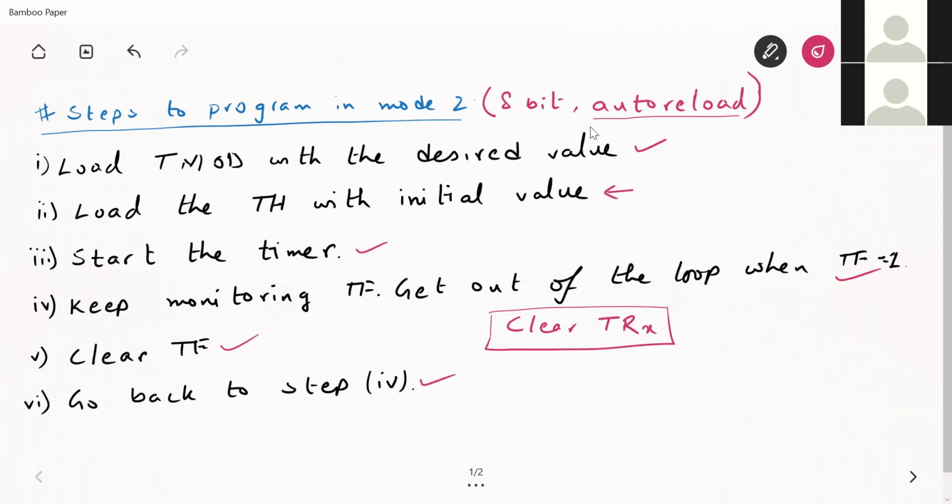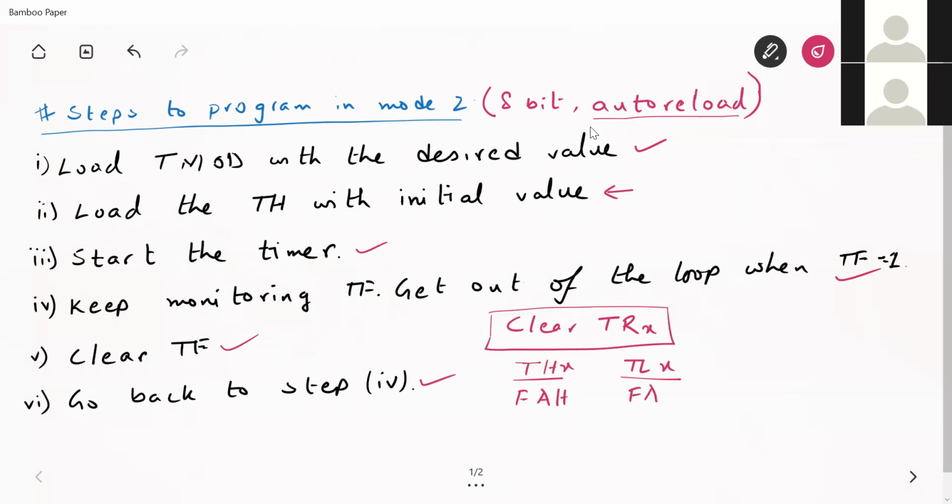Now let's see what is actually happening. As we said, we'll load the initial value into TH. Assume the value that you are loading in THx is FA. Okay, let's keep it simple. So what will happen is TLx will automatically get a copy of the same value that you have given in TH.